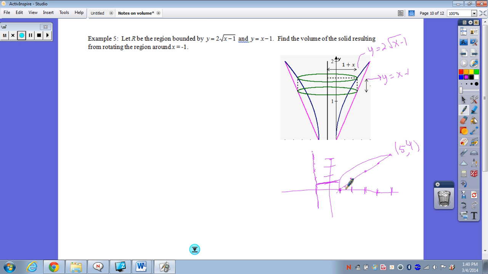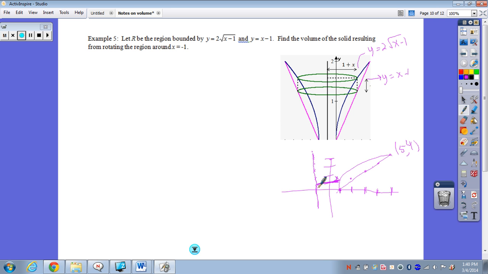So when we do this, we're going to have this distance, like for my inner radius, which is x, but then I have to subtract the radius. So we are going to take our curve and subtract the line that we're rotating around, and that will give me my outer and inner radius.